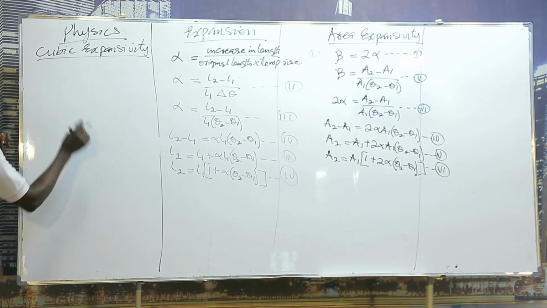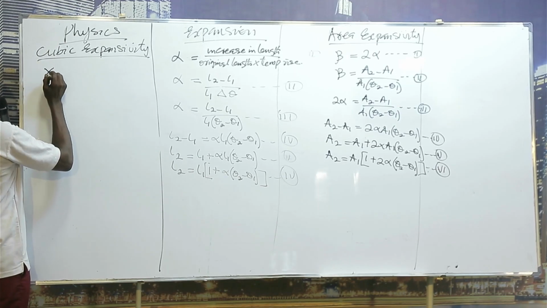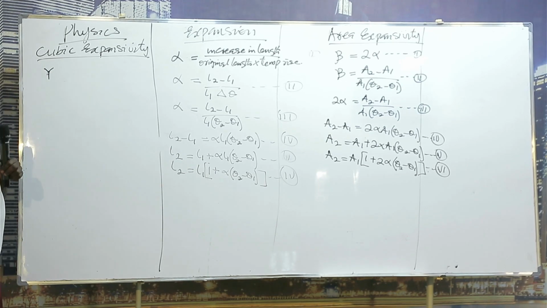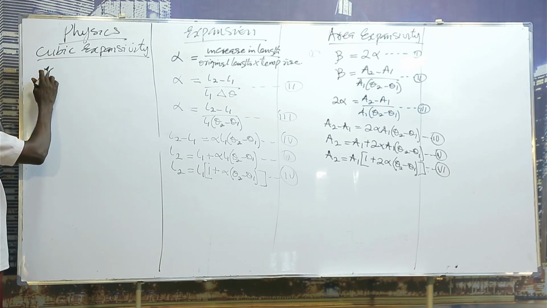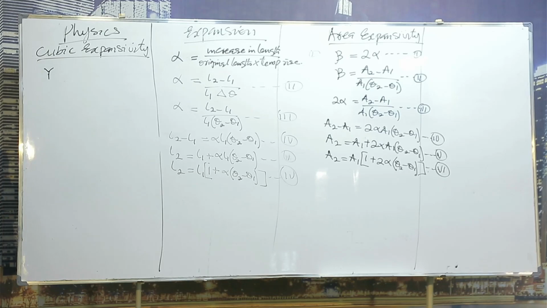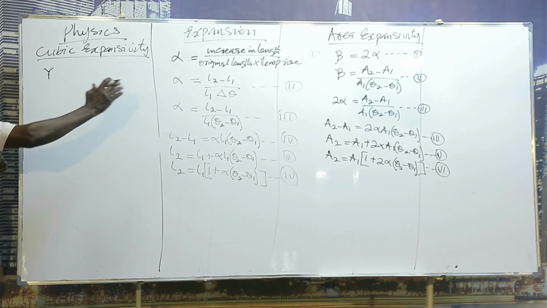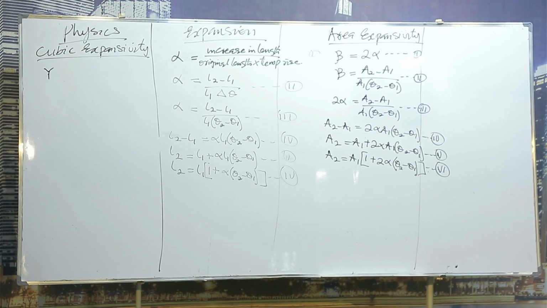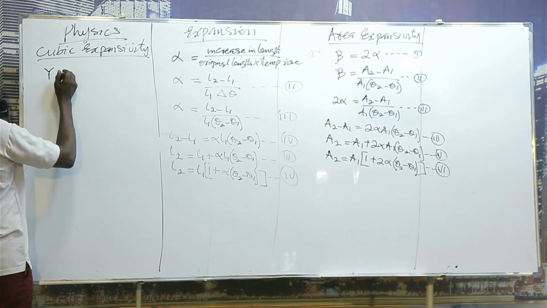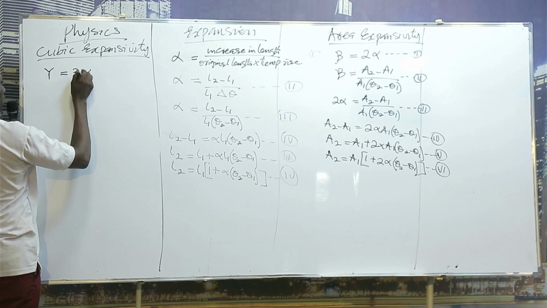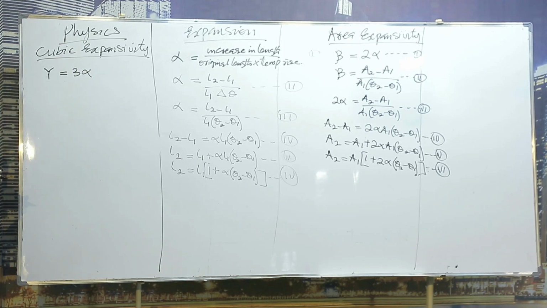When we say cubic, it is given as a capital letter Y. Cubic is Y. And what's another name for it? Gamma. Thank you. We have alpha, beta, and gamma. So we say that this is equivalent to 3 times alpha. 3 multiplied by alpha will give you gamma.